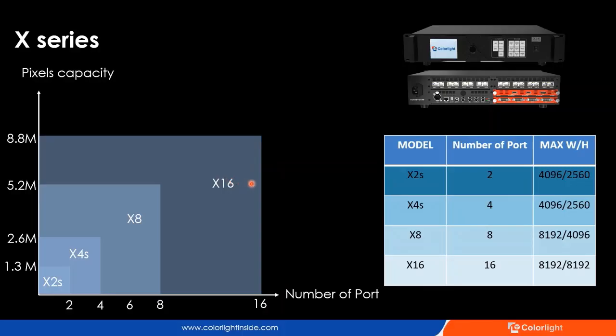They are designed for different resolutions of the screen, from half of 2K to 4K resolution. The main difference of those products is the quantity of the output ports. Because of the scaling feature, the maximum loading capacity of the X4X is up to 2.6 million pixels.